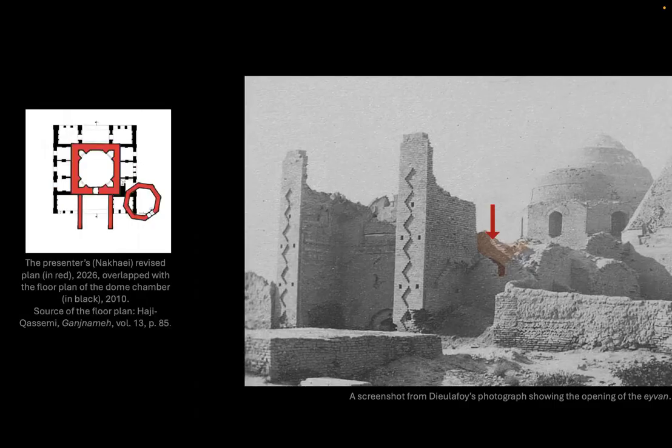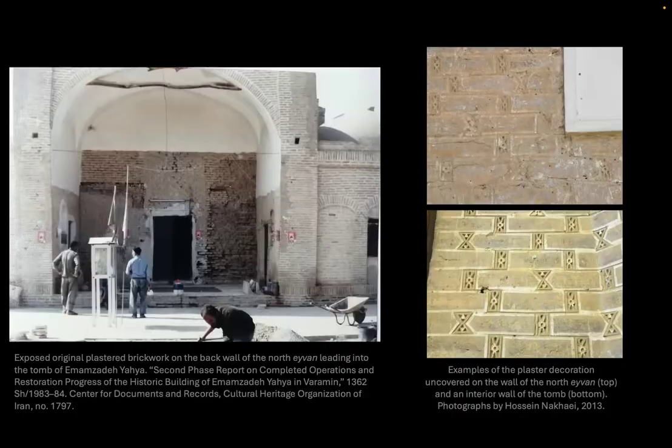If we compare the model's layout with the current plan of the building, we see that the original eyvan was likely in the same spot as the current one, but nearly twice its current depth. During the restoration of the site in the 1980s, plaster decoration with stucco plugs similar to those covering the interior of the chamber was uncovered on the exterior wall of the dome chamber where the eyvan is attached.